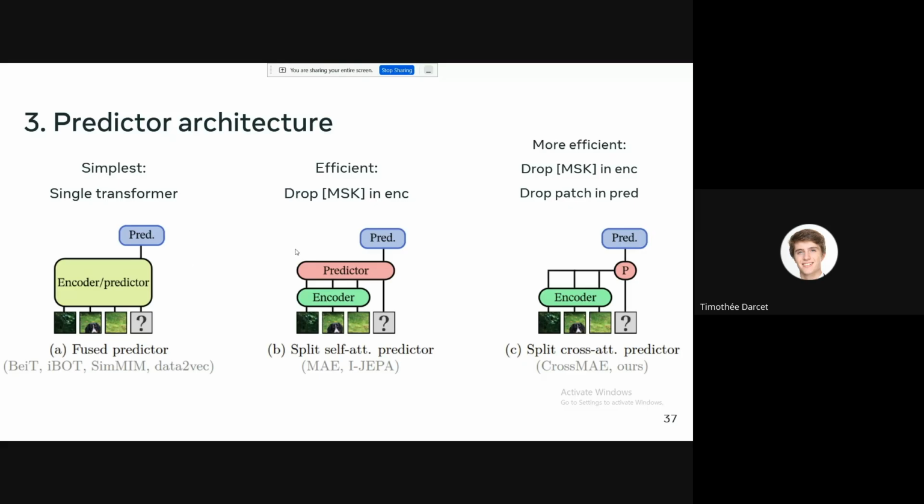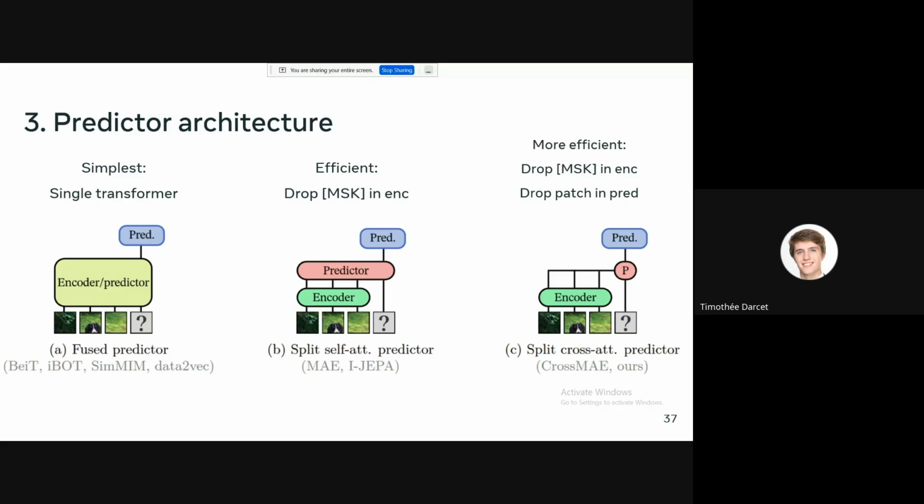But there was something introduced by masked autoencoders, MAE, that is interesting. What they propose is that the visible patch tokens that haven't been masked out, you forward them through a first transformer that is called the encoder. This encoder only forwards the visible tokens, and so you gain efficiency because you don't forward the masked tokens.